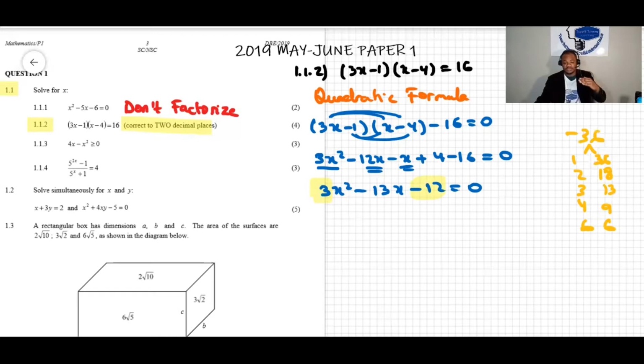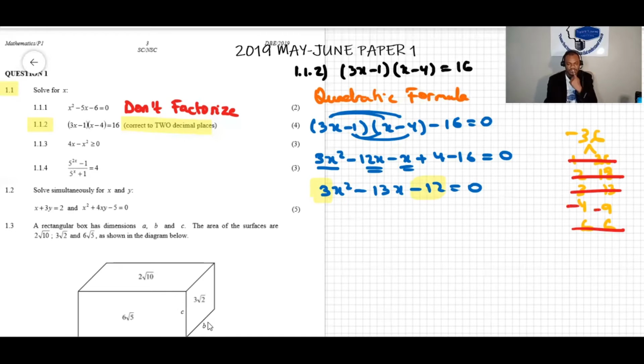Now let's see if there is one couple that will make a sum equal to negative 13. With 1 and 36 we cannot, with 6 and 6 we cannot, with 2 and 18 we cannot, with 3 and 12 we cannot, but with 4 and 9, yes, we can if you do negative 4 and negative 9.